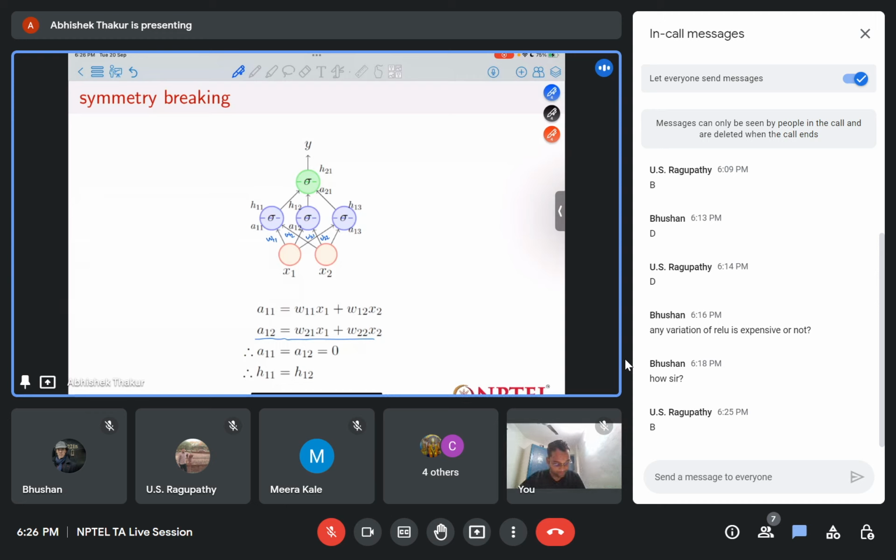So what will happen? Now our A11 will become 0 because we are initializing with all weights as 0. So in this case W11, W12, W21, W22 are equal to 0.